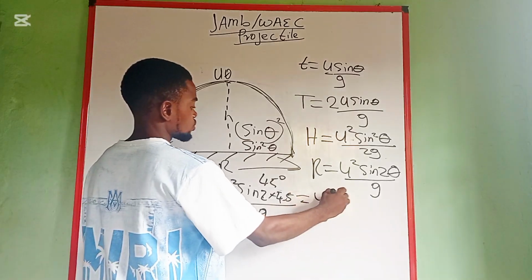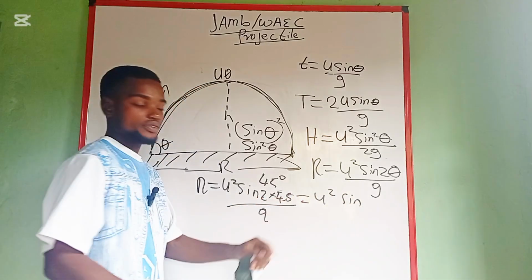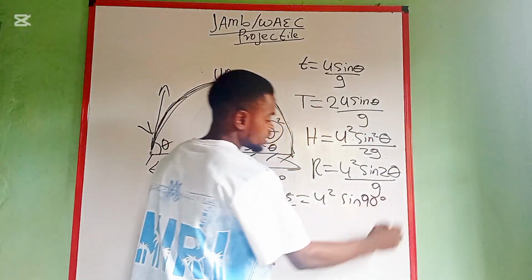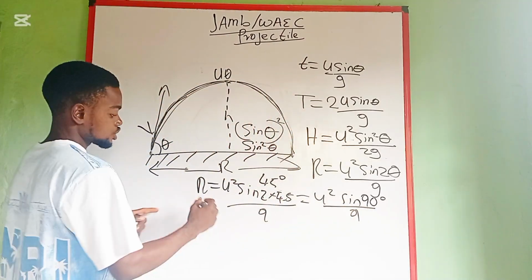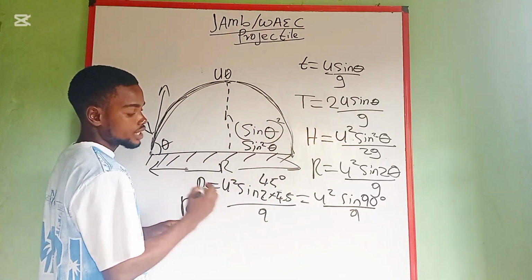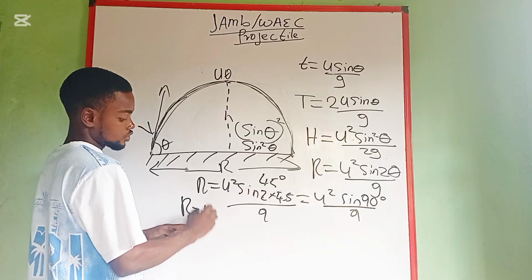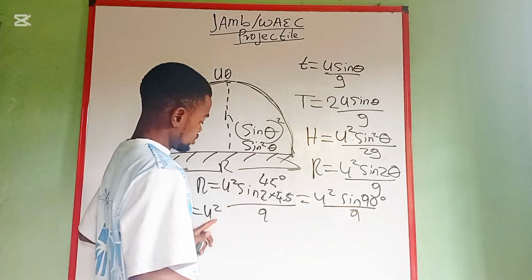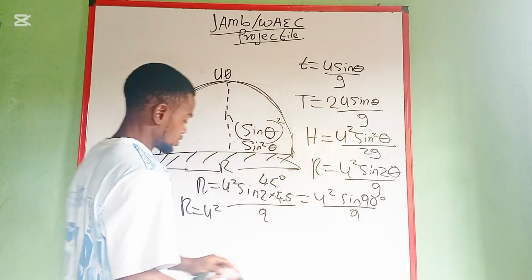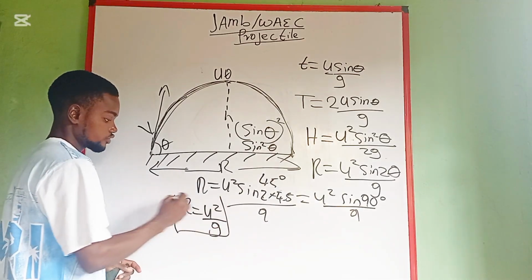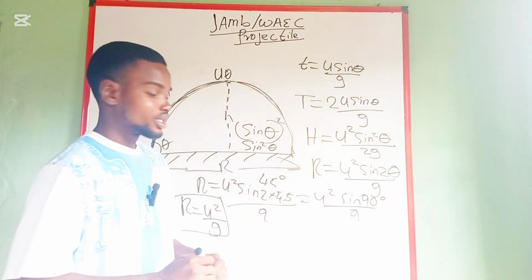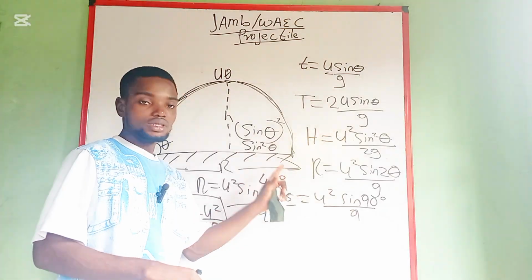So I have u square sine 2 times 45, which gives sine 90 degrees, and sine 90 degrees is 1. So this expression, which is the formula for range, will now become R equals u square over g, since sine 90 is 1. So this becomes the range formula once the angle of projection is 45 degrees.